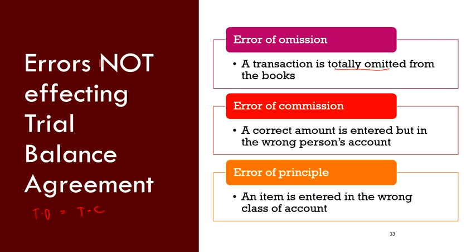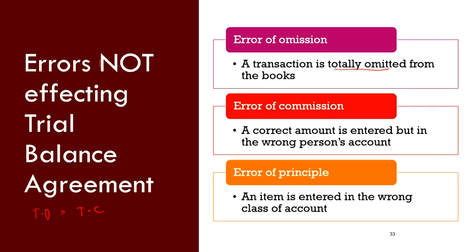For example, you wrongly enter in your account receivable. Let's say it should be credit sales to Ahmad, but it went into Ali's account. But Ali and Ahmad are both your account receivable. So your total account receivable will still be the same, you just swapped the account. Okay, that is called error of commission, right?